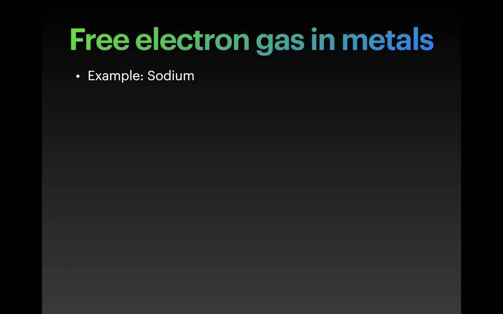And then what are we really looking at? We're looking at the electrons, so it's going to be the valence electrons. For sodium, there's 1 valence electron per atom, so you wouldn't need to multiply by any other factor. It's just the number of atoms per unit volume.